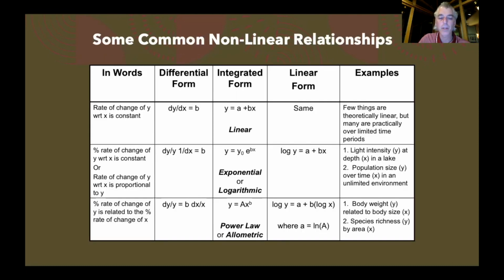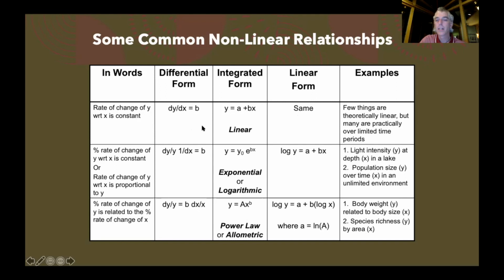So here I've represented a table of some of the common nonlinear relationships that we might encounter in nature. In each case, I've described the relationships in words, described the relationship in the differential form and the integrated form, as well as providing an example.